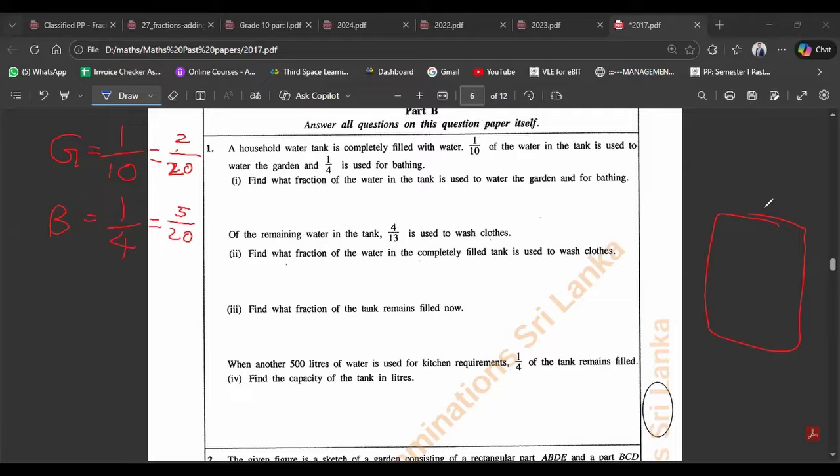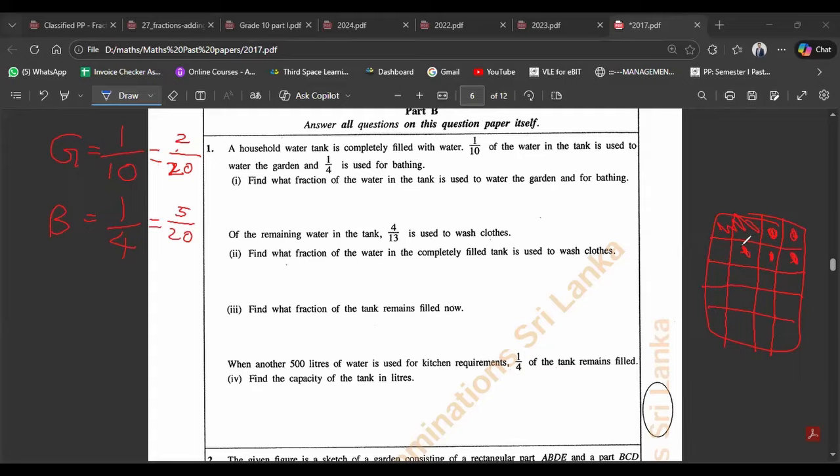So from the total tank, I'm going to cut this into 20 pieces. Okay. So out of the 20, 2 pieces have been used for gardening. 5 pieces have been used for bathing: 1, 2, 3, 4, 5.